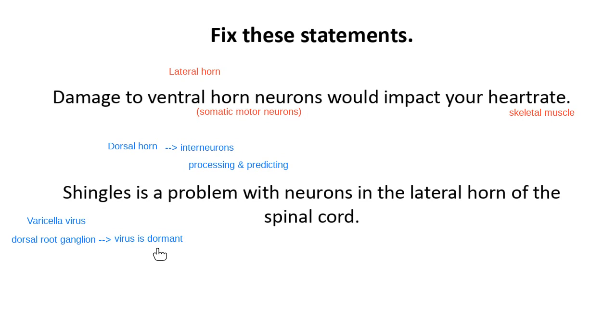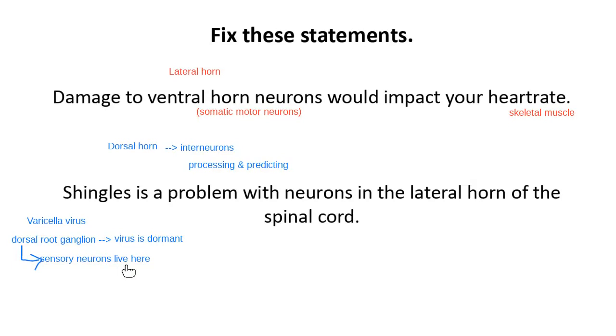When it replicates again, it's replicating in the kinds of neurons that we find their cell bodies in the dorsal root ganglion. So my neurons that live in the dorsal root ganglion, this is where those sensory neurons live. So sensory neurons live in the dorsal root ganglion.